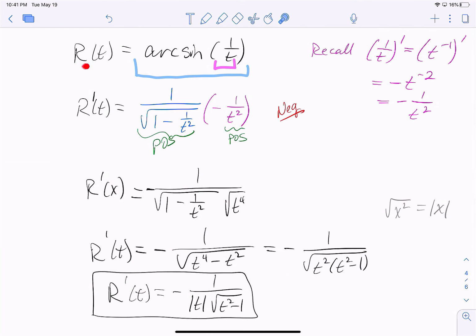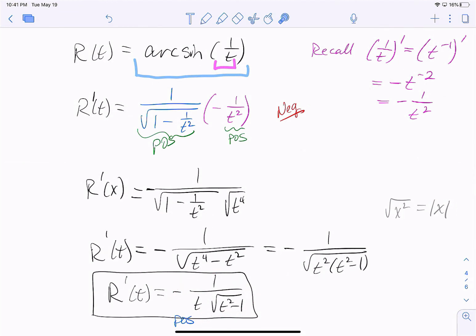And in our original expression, r of t is equal to arc sine of 1 over t, t could be positive or negative. So here, when we've taken r prime and we have negative 1 over the absolute value of t times the square root of t squared minus 1, without those absolute values, if t happened to be negative, then with this negative factor out front, this would evaluate to a positive number.